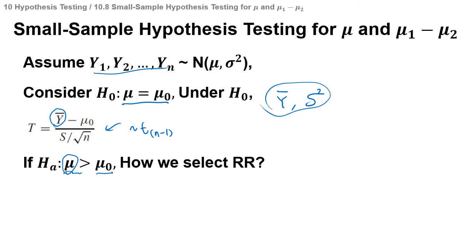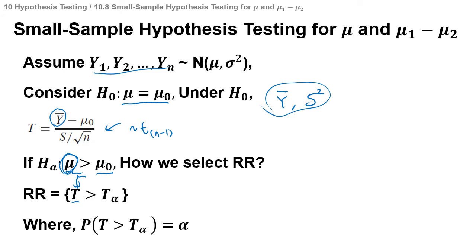So the rejection region should be large values of t. If we observe a large t, then it's evidence that the true parameter mu is greater than mu0.